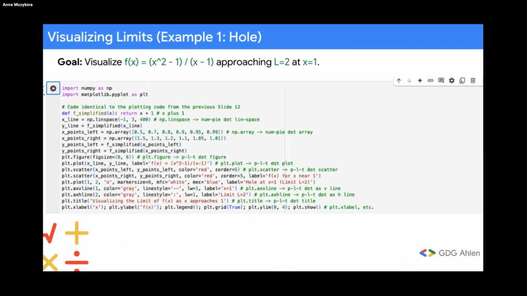Let's visualize the limit for f of x equals x squared minus 1 over x minus 1.